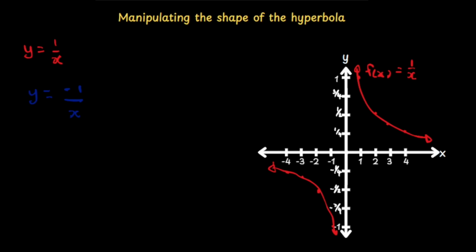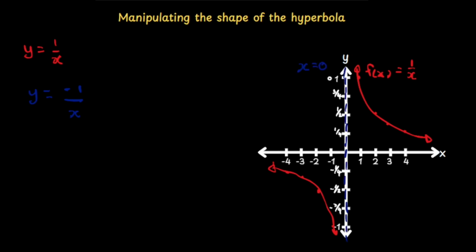Y is equal to negative 1 over x, which would now become y is equal to negative 1 over 0. And negative 1 divided by 0 is undefined. Okay, undefined, that's important. You cannot divide any whole or real number by 0. You will not get an answer. So that tells me the first important thing, and that is that at x is equal to 0, I would have my vertical asymptote.